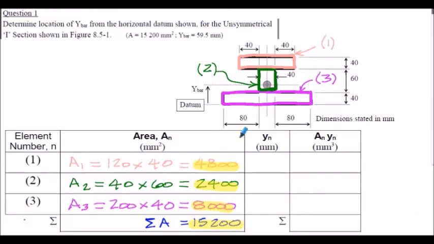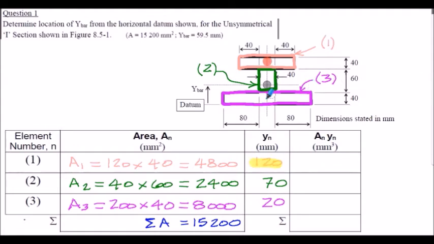Now we've got to work out the y dimensions, and they're from the datum at the bottom of the section. For element number 1, the y dimension to its centroid location would be up here, of course. That would be 40, add 60, add half of 40, so that's 20. So 40 add 60 add 20 is a value of 120.